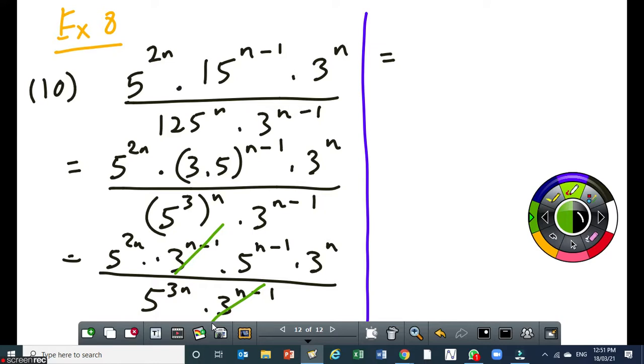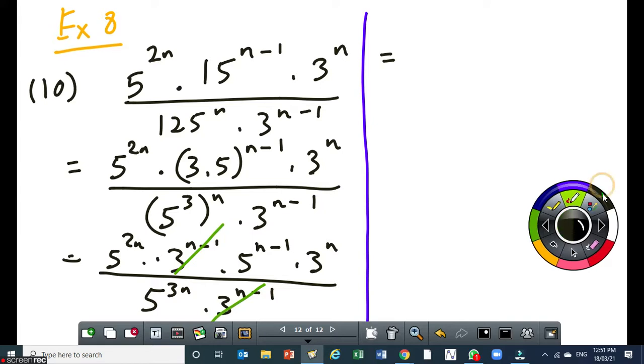If I cancel out like that, I'm going to be left with this 3 to the power of n. So I can write that as 3 to the power of n. Okay? I realize that I can just cancel out the 3 to the power of n minus 1 so that it can be easier for me.